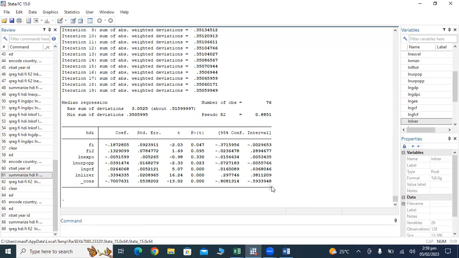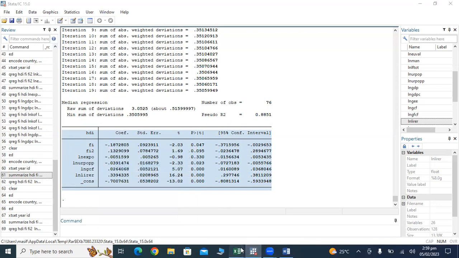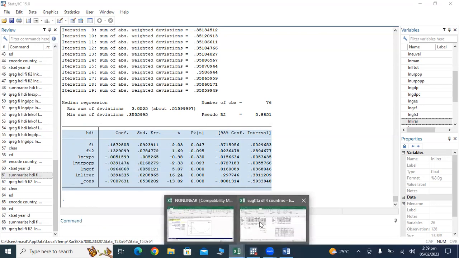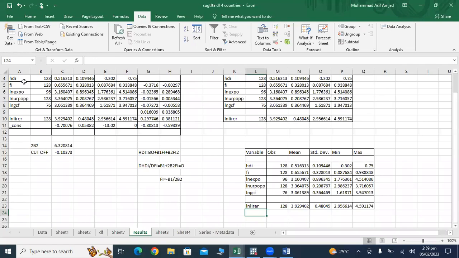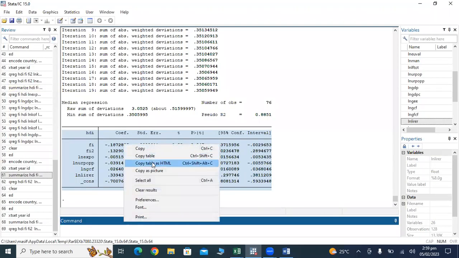Just copy these variables, this table. Copy the table as HTML and plug it here in the data file. This is my variable file, plug it here. Again, there is a mistake.